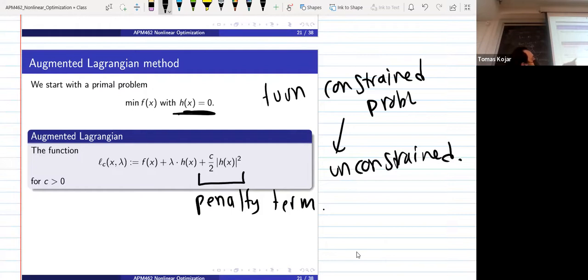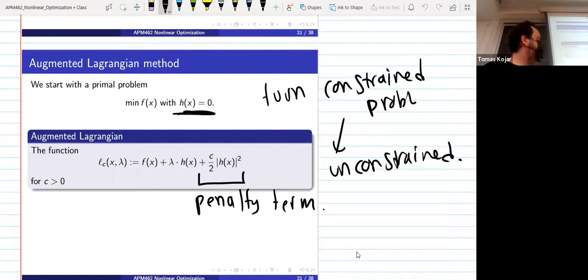If I take C to infinity and I want to minimize this function, how can this work? So that's a way where you can make your life easy and forget about constrained optimization and work with unconstrained optimization.